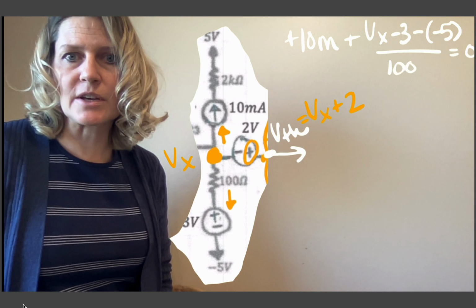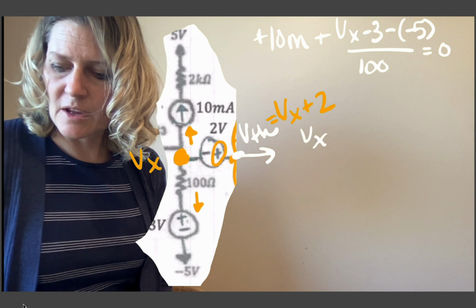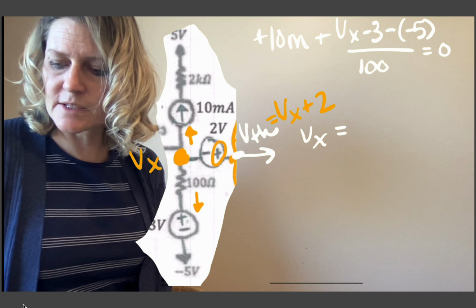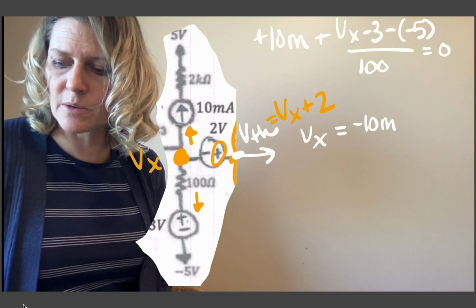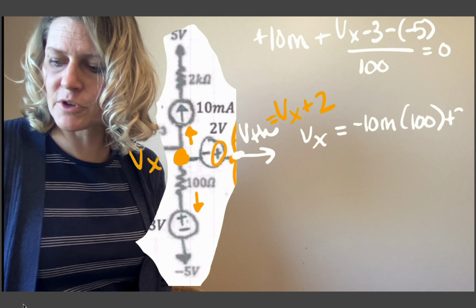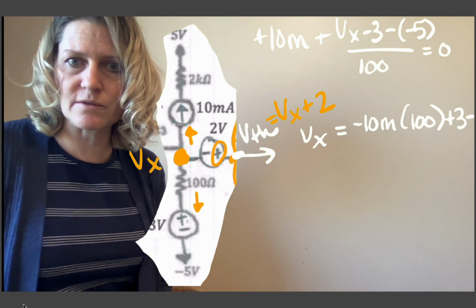And I can solve this for Vx now. The 10 milli goes over to the other side with a minus, I multiply it by 100, and then I take the minus 3 over to become plus 3, and the plus 5 will become a minus 5.